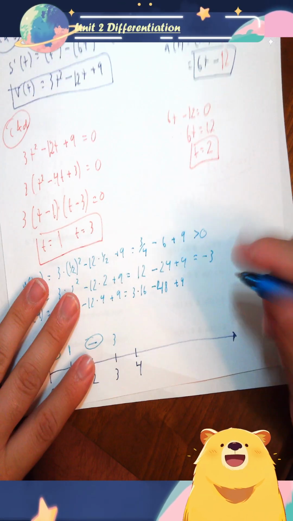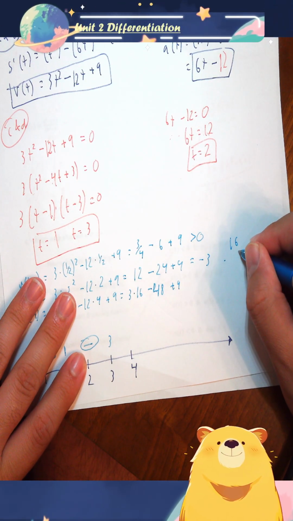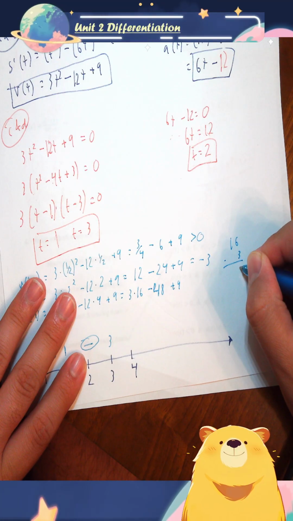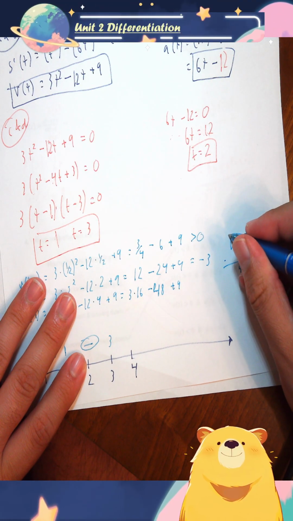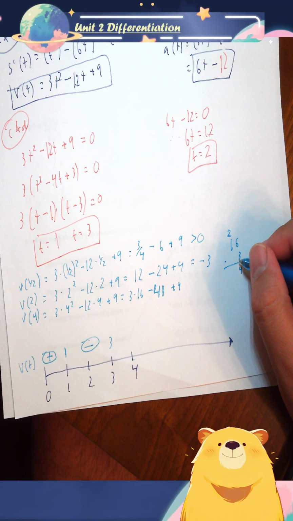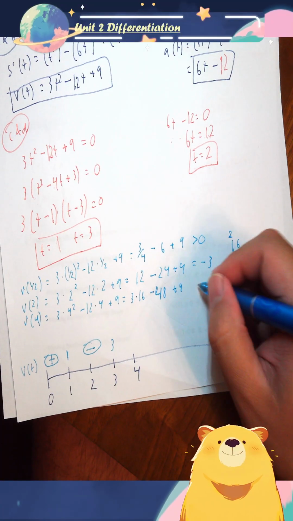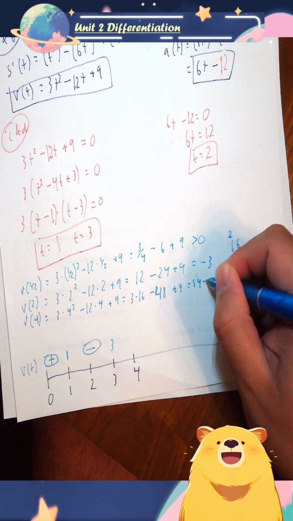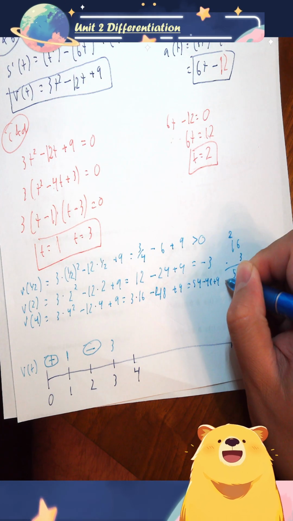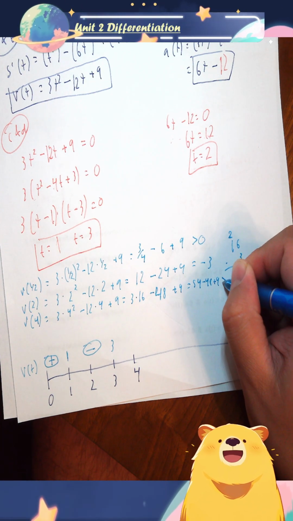Let me double check it just in case. No, that is 54. Okay, good. It's a good thing I double checked it. So 54 minus 48 plus 9. I'm not even going to bother. We know that for sure this will be positive.